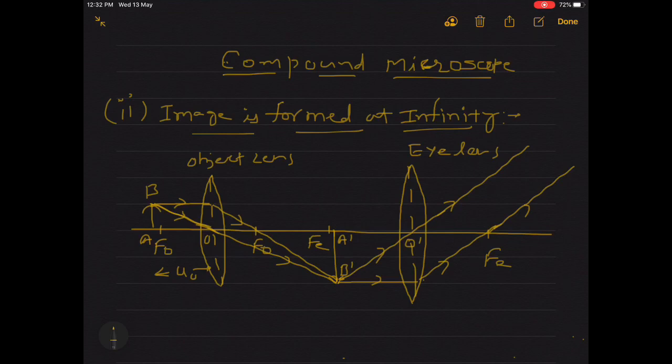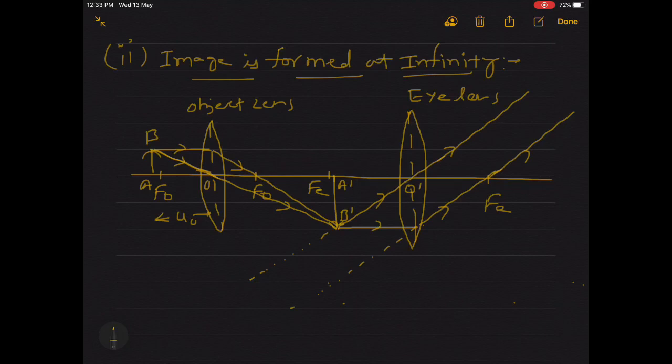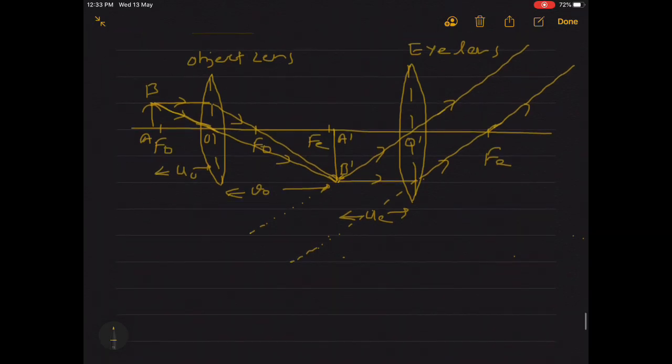In that way, if we produce them backward, you will see the image will form at infinity. So this is image distance for the object lens, and this is object distance for the eye lens. So you can see in this diagram the final image is formed at infinity, and now we have to find out the expression for angular magnification.